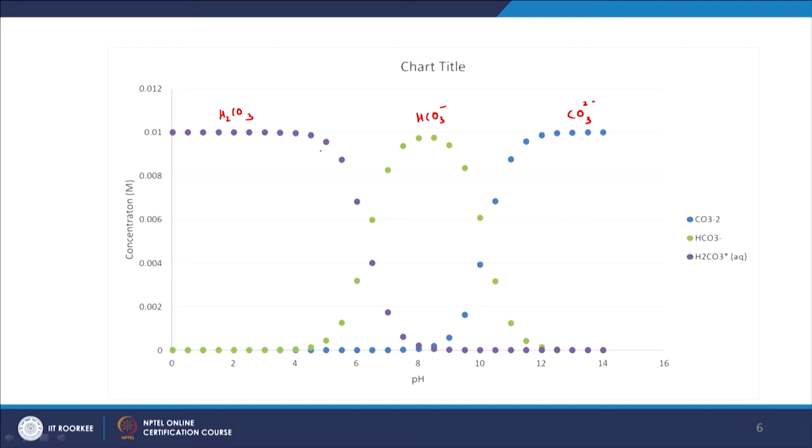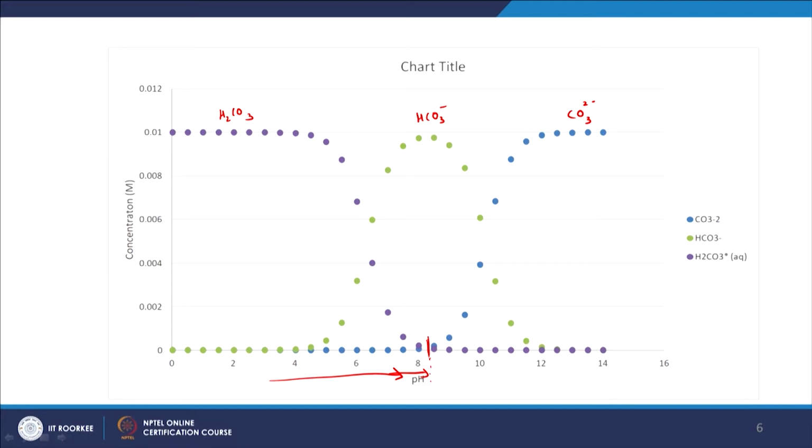H2CO3 is still in considerable quantities until around this point. So if I want to measure all the H2CO3, I titrate with the base until I reach this particular pH.